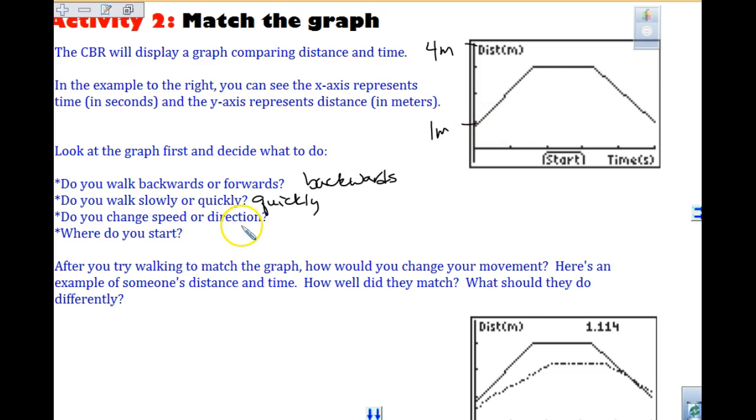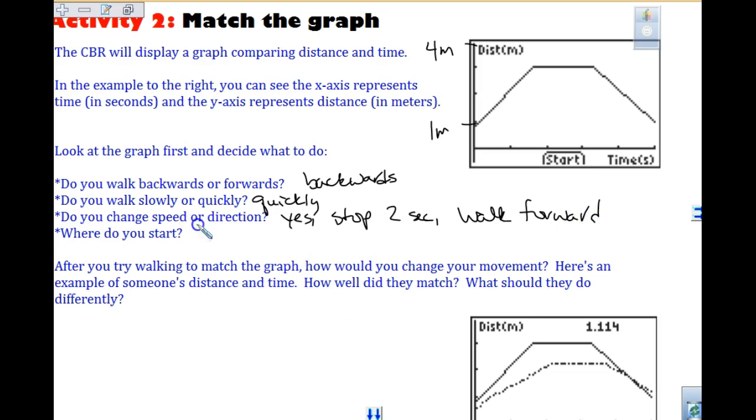Do they change speed or direction? Yes, they do both. They stop. It looks like they stop for, we're not sure what our time in seconds is, but maybe almost 2 seconds. And then they are walking forward. And where did the person start?